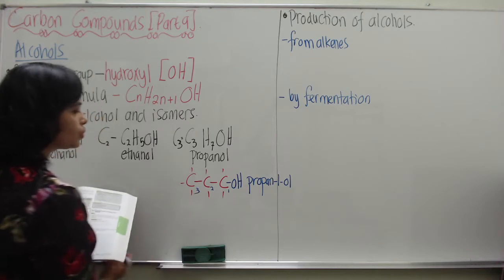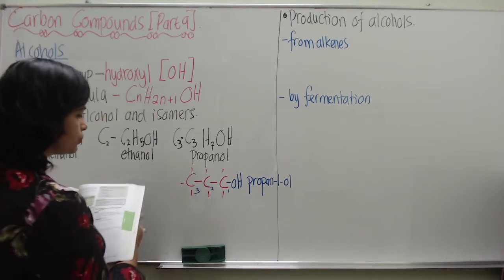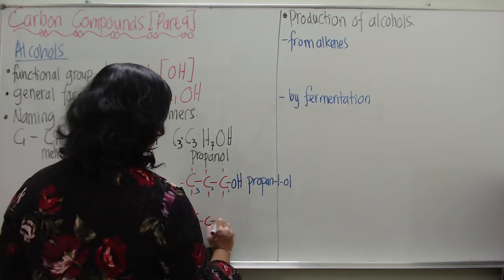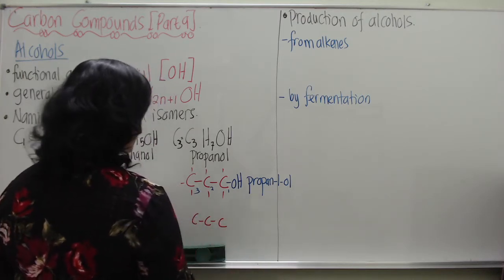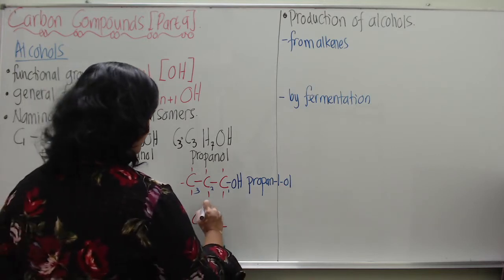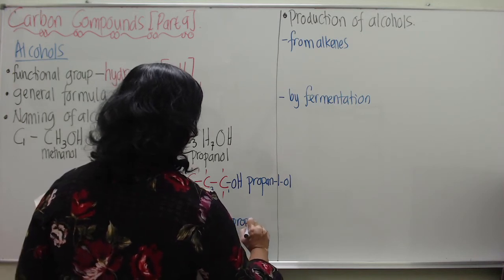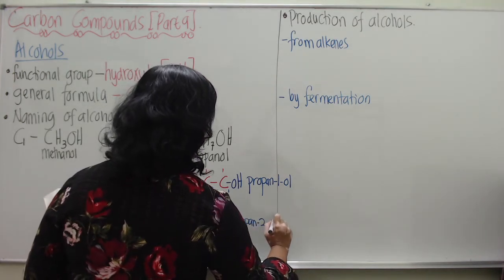Now, let's go to another isomer of propanol, which is this way. The teacher just highlights the position of the OH. Now this will be propan-2-ol. Why?